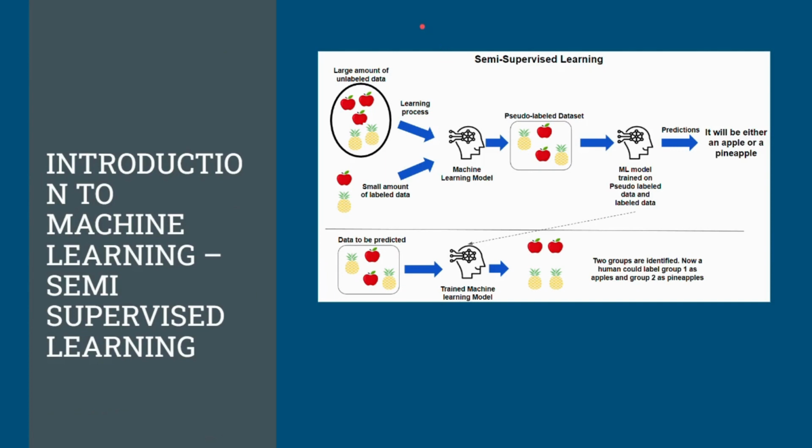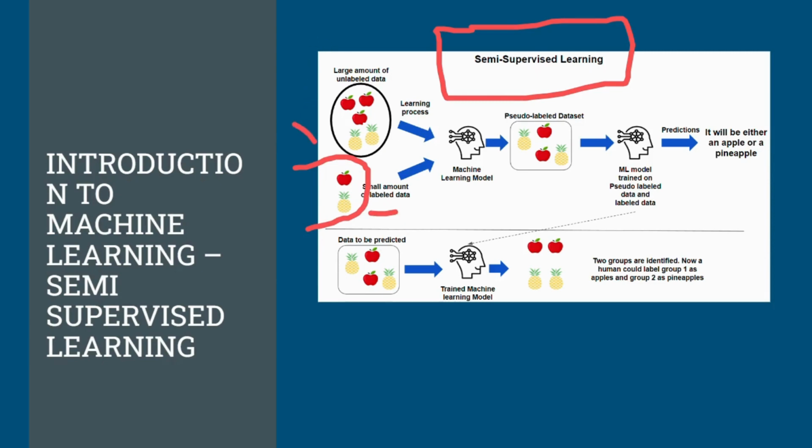Further, we have one type of learning called semi-supervised learning. This is referred to as a hybrid of supervised and unsupervised. If you recall supervised learning, there is a labeling process, so we have data which is labeled, and in unsupervised we don't have labeled data, so this is unlabeled data.